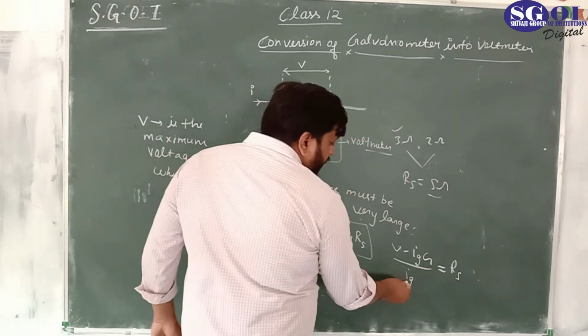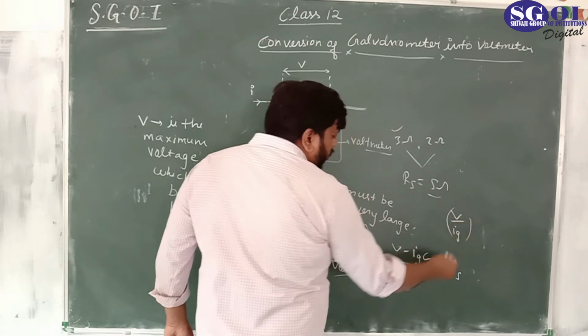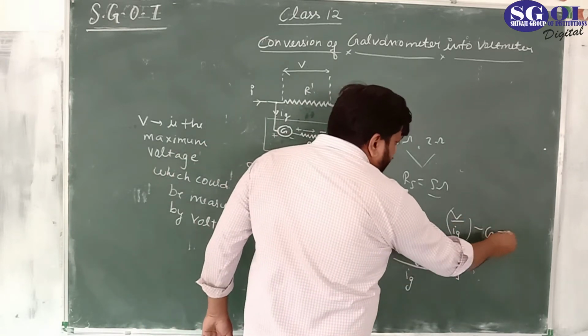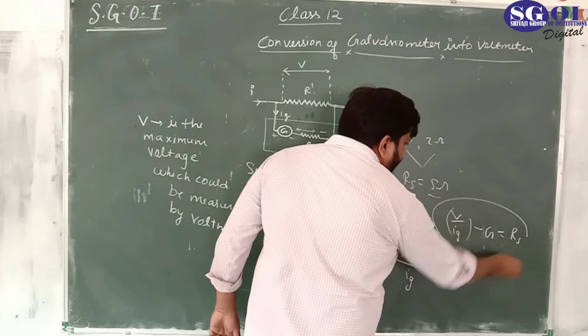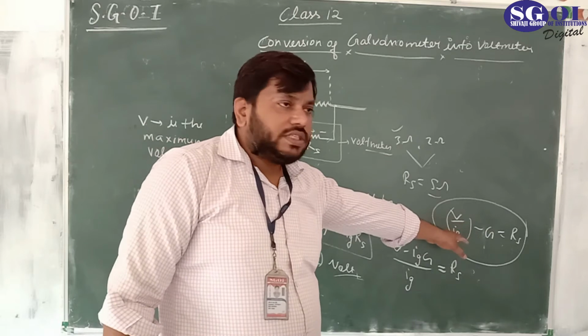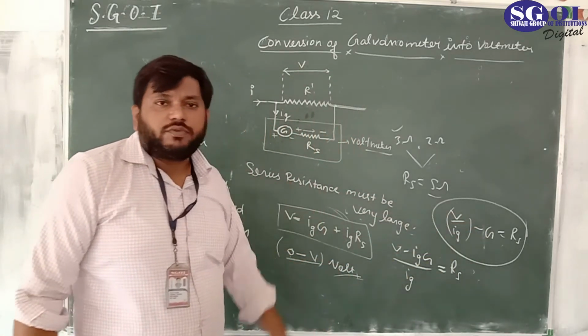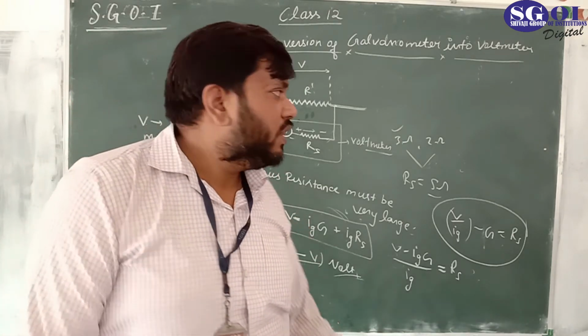You can separate this Ig, so we can also write it as V upon Ig minus G equal to Rs. So you can find Rs by this, and if you are given these values you can find the maximum voltage which can be measured.